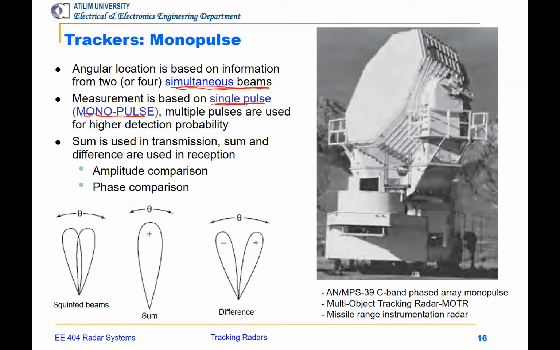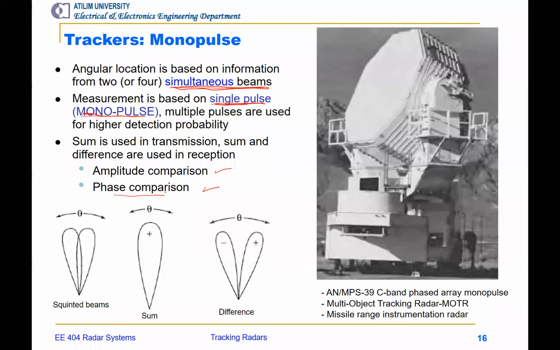There are two types of processes in monopulse: amplitude comparison or phase comparison. In amplitude comparison, we use the echo signal amplitudes, and then the decision stage uses the amplitudes of the echoes, and then makes a decision, and then rotates the antenna. In phase comparison, it uses only the phase of the signals.